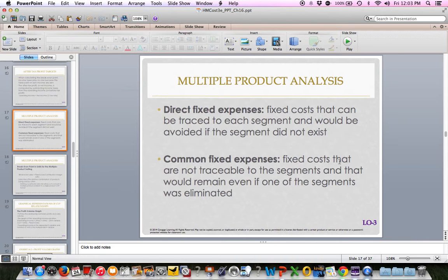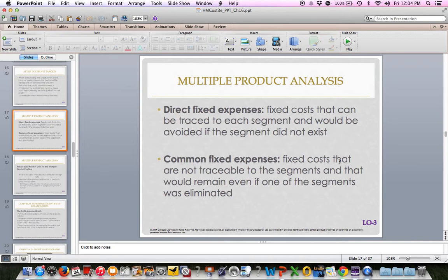Cornerstone 16.2 on page 827 did break-even as units, and Cornerstone 16.3 on page 833 does break-even as dollars. So do them both, and you'll see how we just rearrange the formula a little bit to do either one.